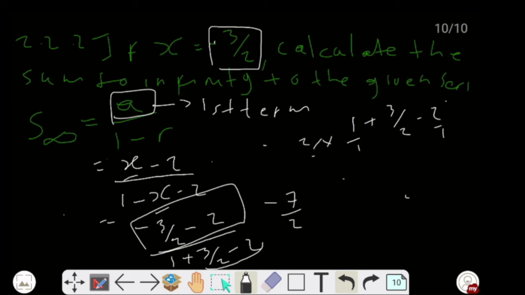So it's 2 over 2 times 2 over 2, which in this case is 2 plus 3 minus 4 all over 2, which gives me a half. So it's all over a half, right?